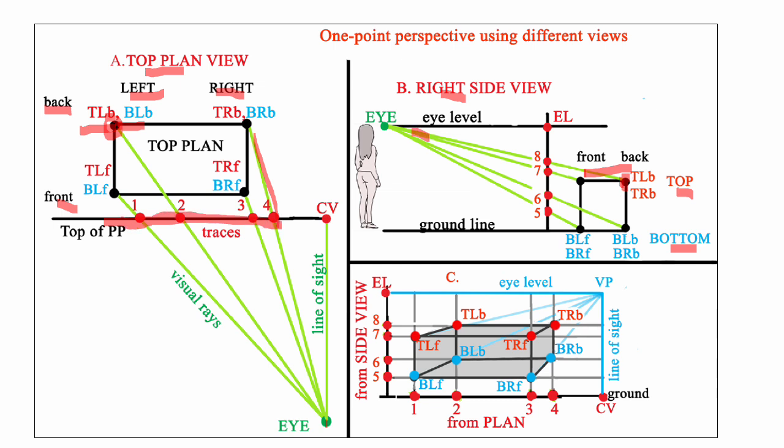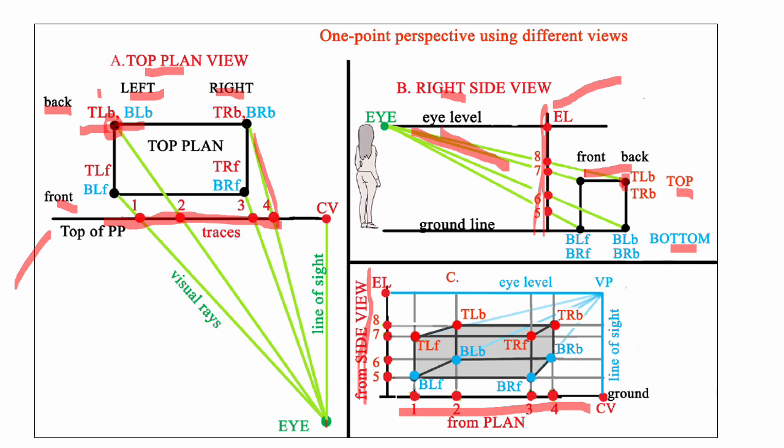And in the same way here, we draw lines to the eye through the picture plane here. And then we have the traces on this plane and we have the traces on this plane. And we put the traces on plan here and the traces from the side view up here.